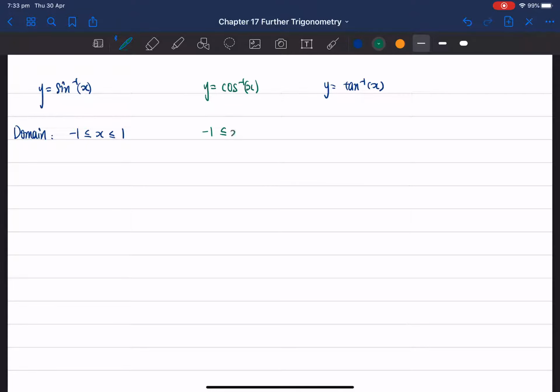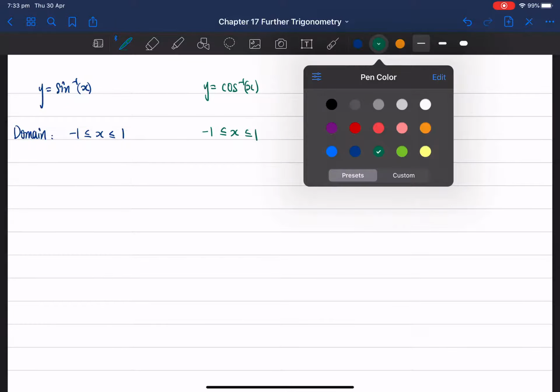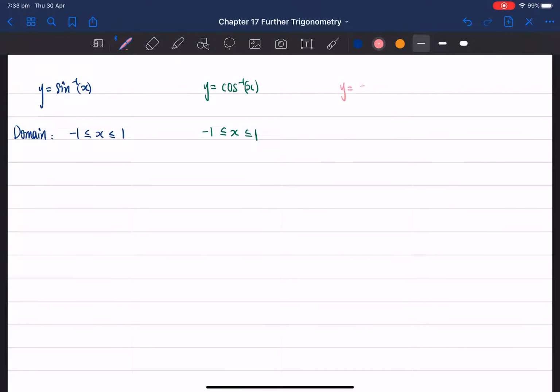So it's -1 to 1. And for the tangent inverse x, the domain is all real values of x.